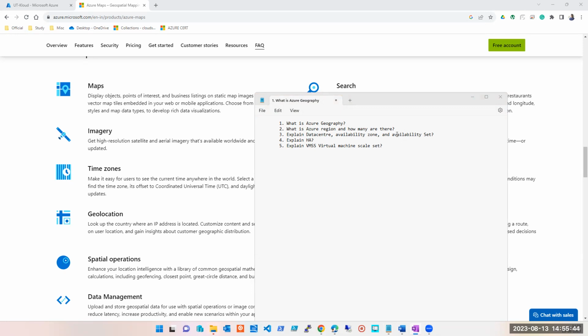Could you be more precise? Regions. Next, what is the difference between geography and region? Forget Azure, not talking about Azure. I'm saying I'm available in this geography, and then I'm saying I'm available in this region. How could you explain this?